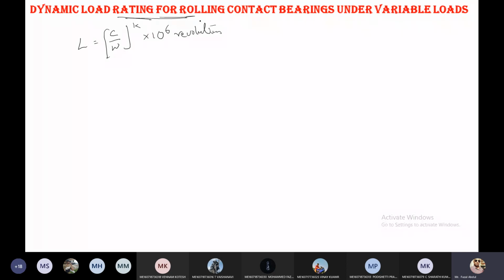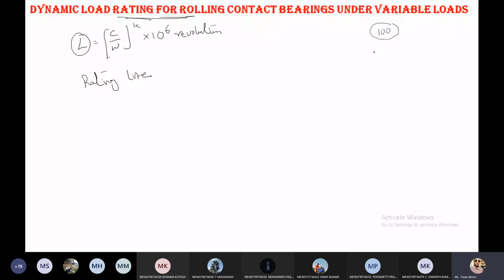This is the basic equation we have. Here capital L represents rating life. What is rating life? Yesterday we discussed. Suppose we have a lot of 100 bearings, either ball bearings or roller bearings.